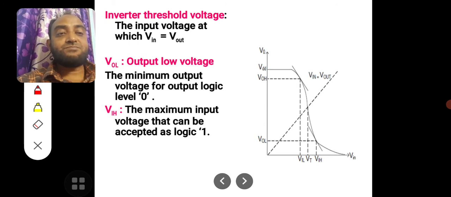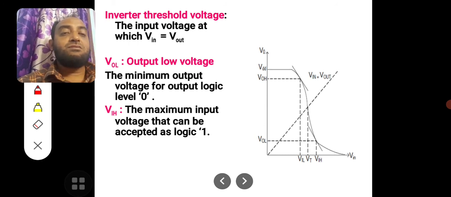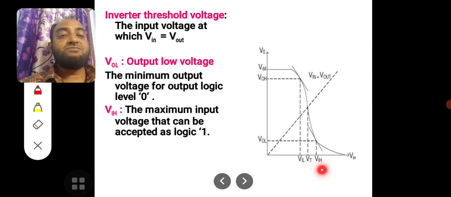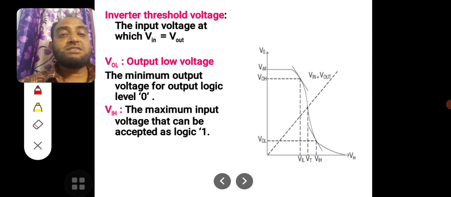Now VIH. As the curve progresses past VT and comes down, it will touch a point. That point is VIH, the minimum input voltage that can be accepted as logic 1.